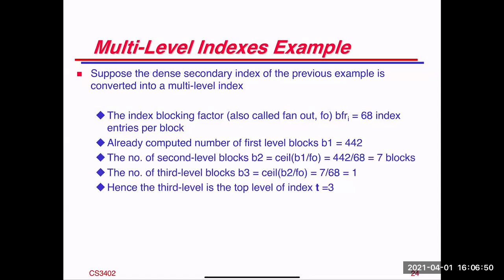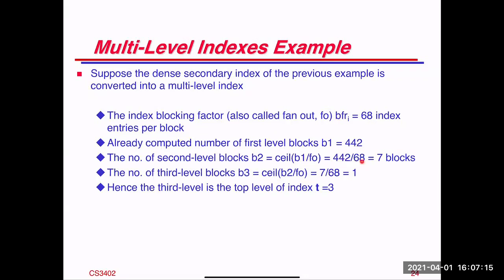The number of second level blocks, B2, will be the ceiling of the number of blocks that I had on the first level divided by my fan out. What is my fan out? It's exactly the index blocking factor. Sometimes you use FO for that, in other cases you use BFRI, but it's the same number here.